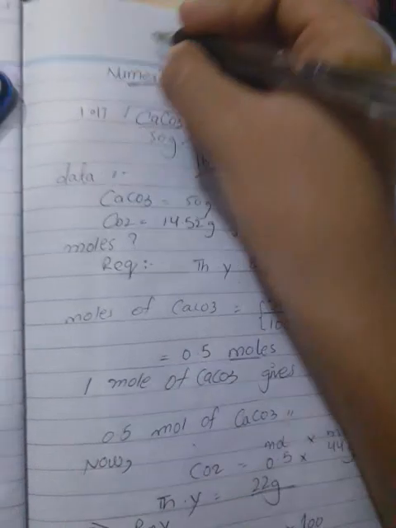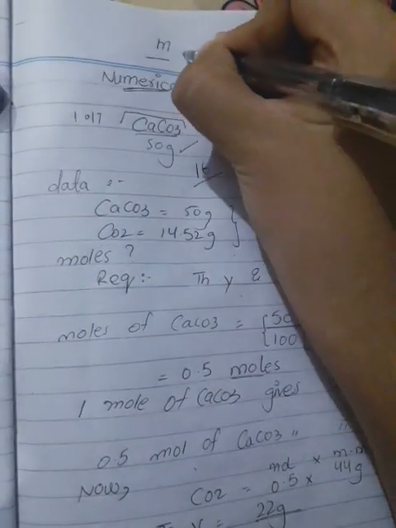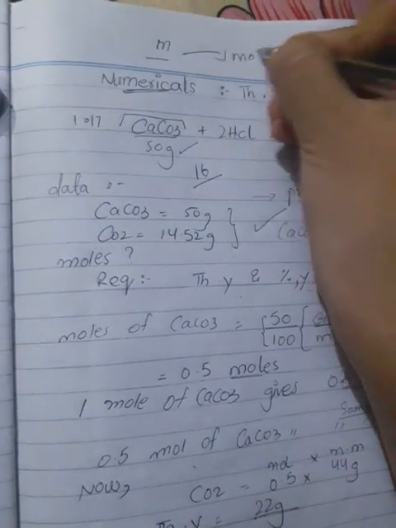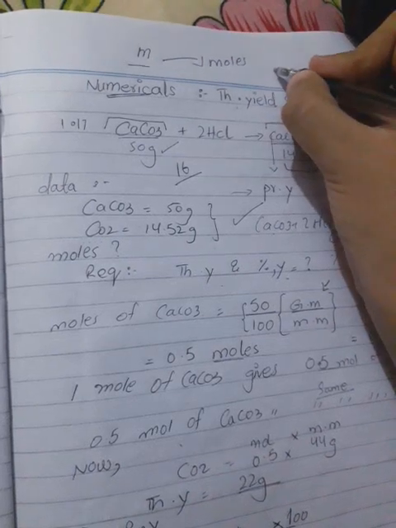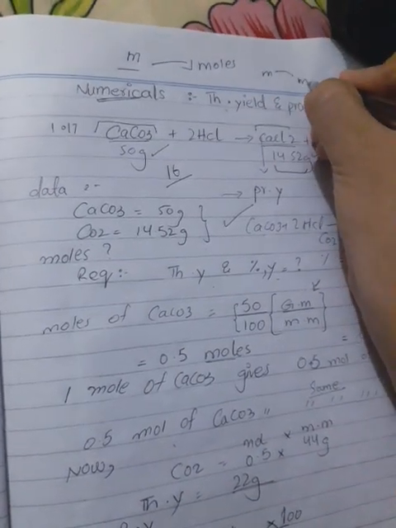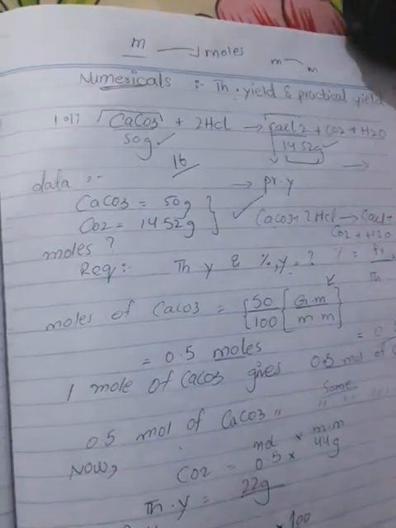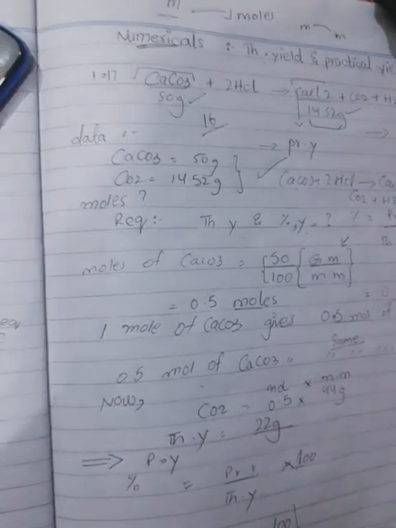Now, as you guys know, if we are having any quantity in mass, then we have to convert it into moles. Meanwhile, if we are having any quantity in moles, then we have to convert it to mass. There are a lot of units for mass, not for moles, so you can figure it out.